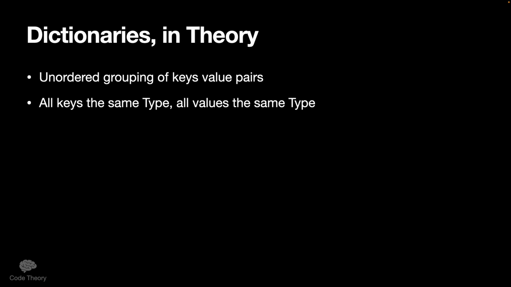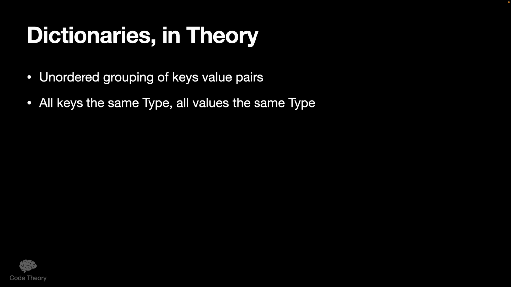In a dictionary, because the elements are key value pairs, all of the keys must be the same type as one another, and all of the values must be the same type as one another. Keys do not have to be the same type as the values.